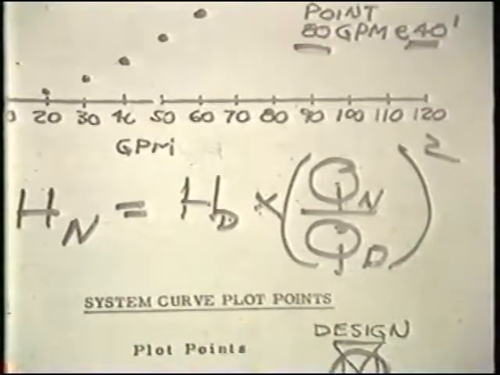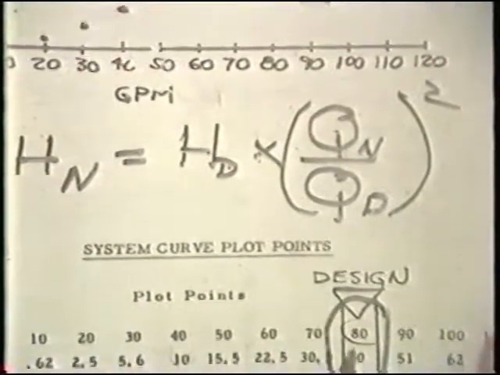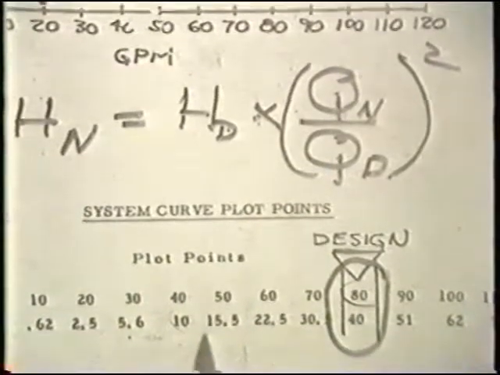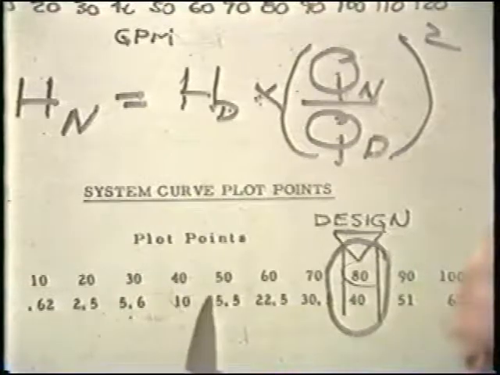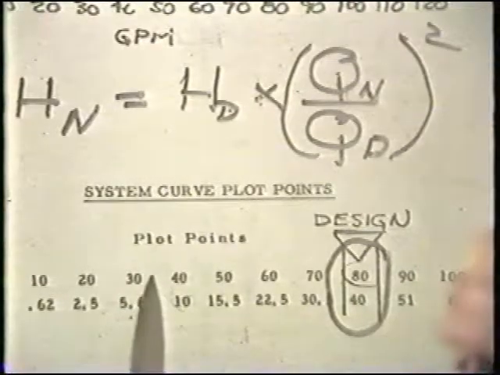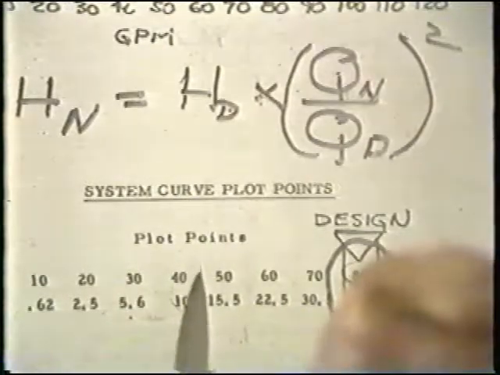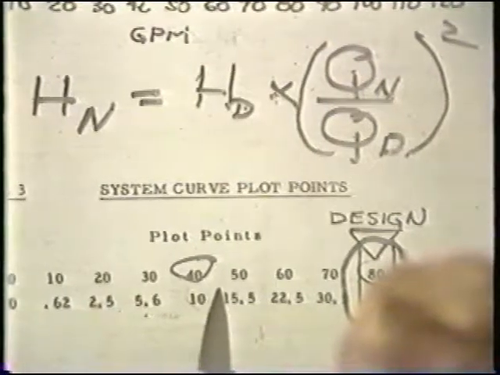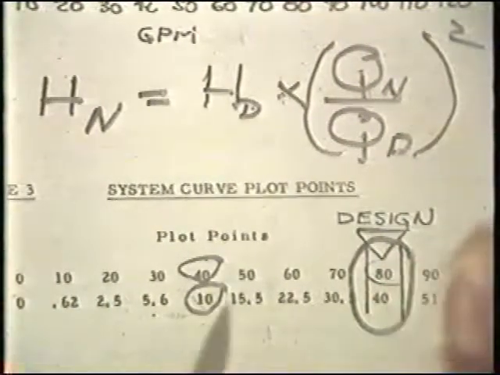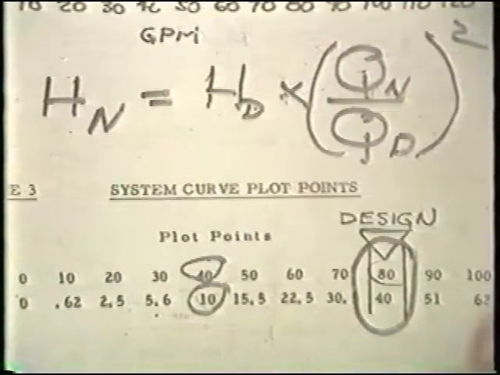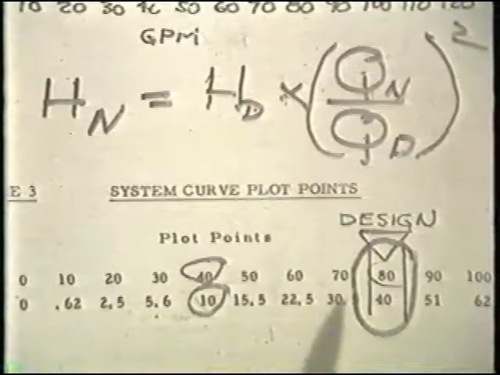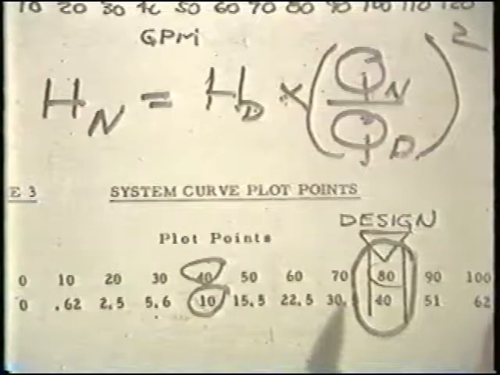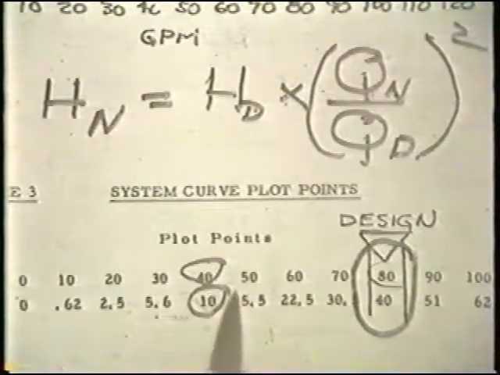So if we started out with a flow rate of 80 gallons per minute and we cut that flow rate in half, down to 40 gallons per minute, we will have 10 feet of head rather than 40 feet of head, because we have squared 40 divided by 80, which results in 1/2.